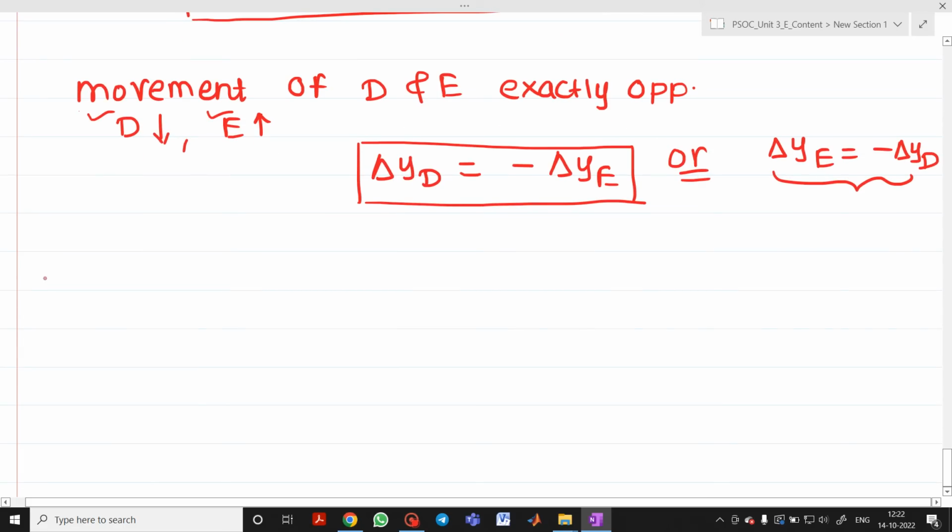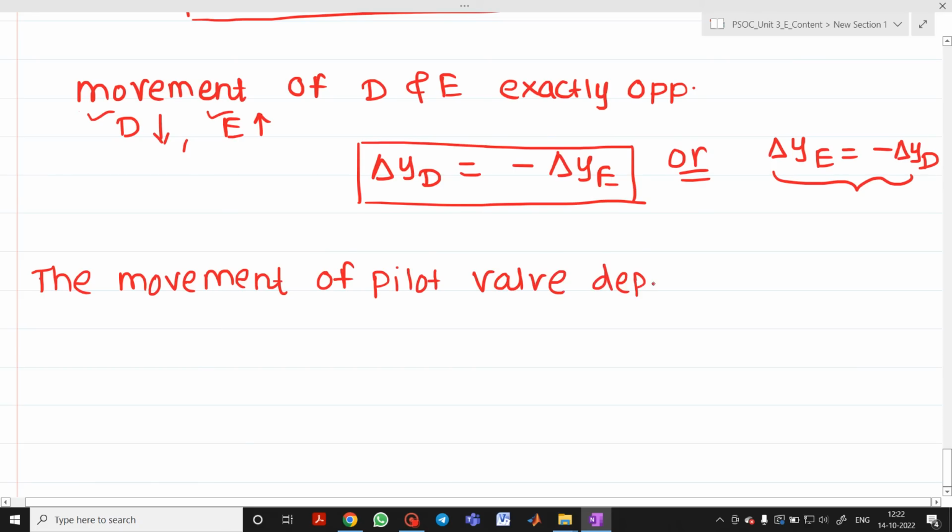Now the movement of the pilot valve depends upon one factor. On which factor does it depend?